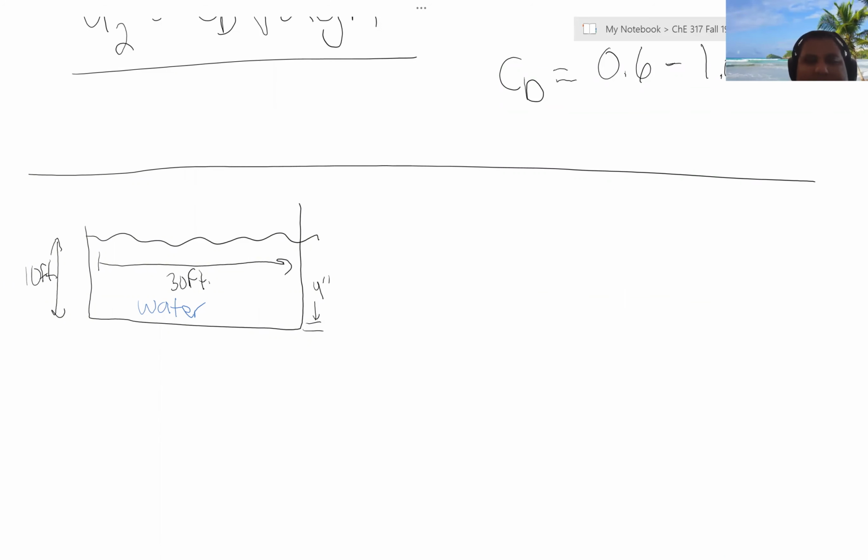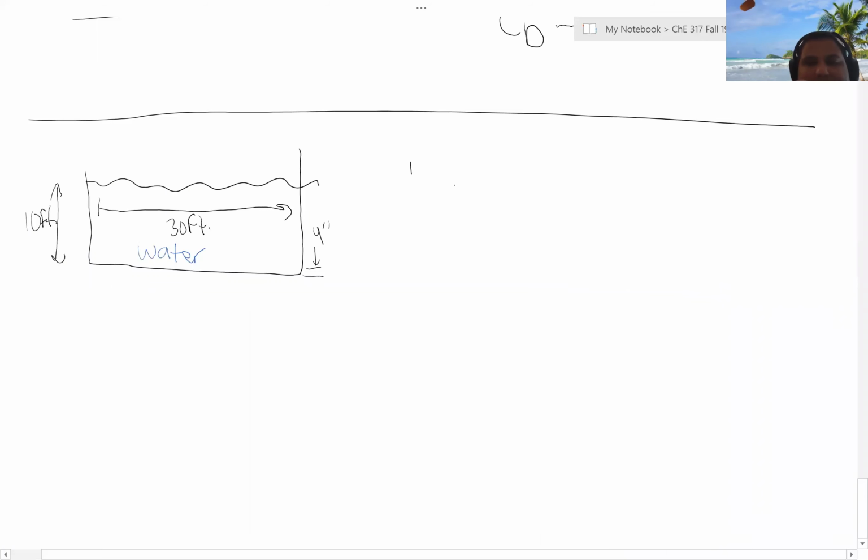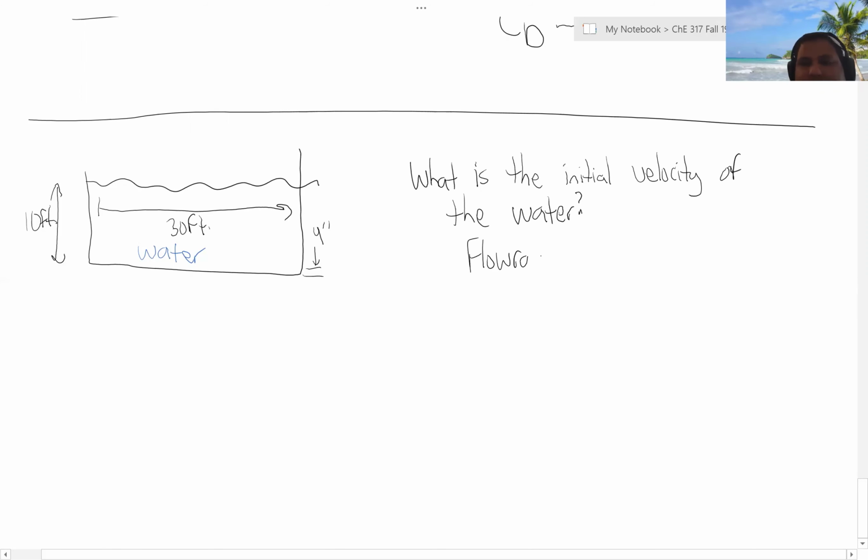So the question is, what is the initial velocity of the water? I actually also said the flow rate too. And when I say flow rate, a lot of times I just mean volumetric flow rate.